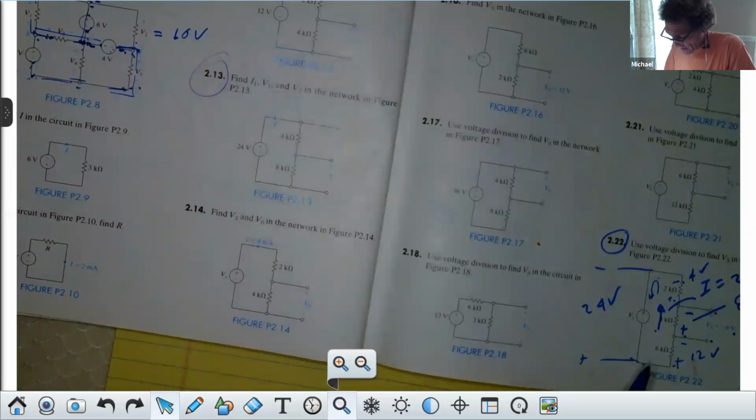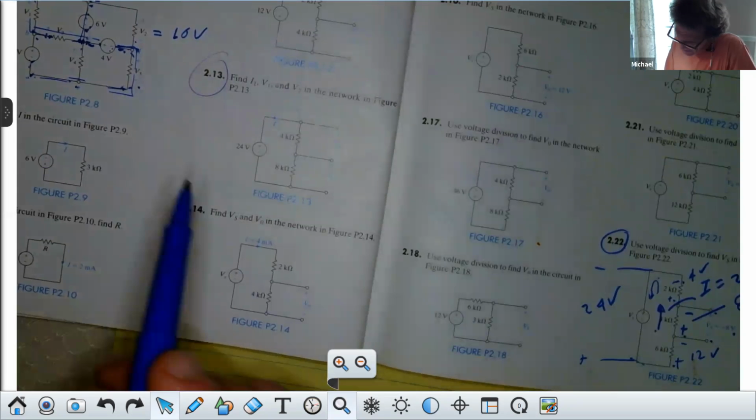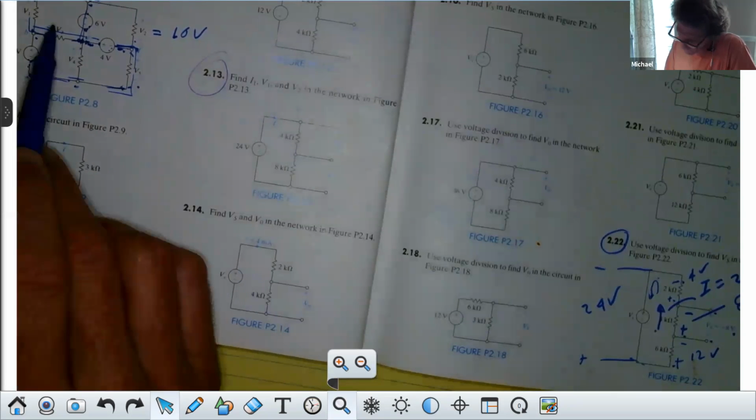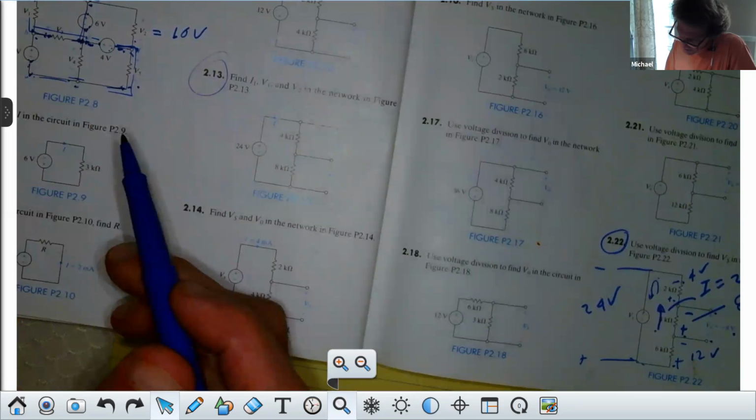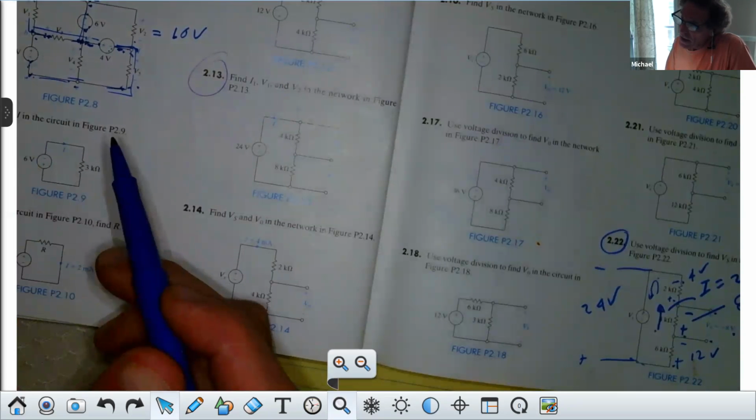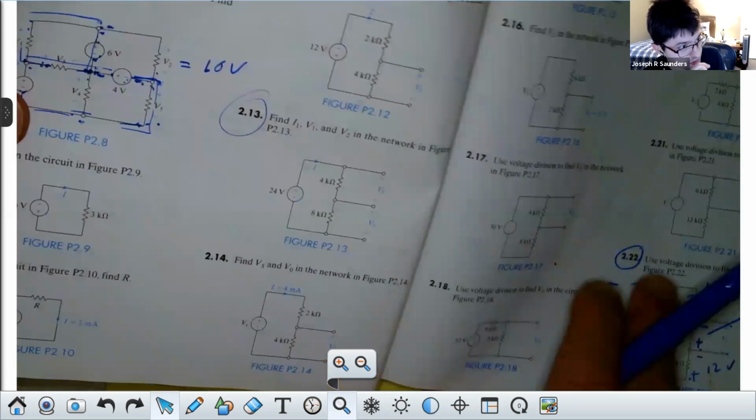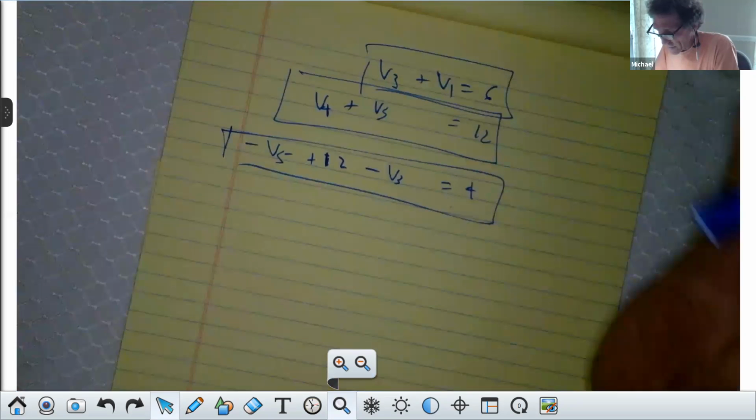Now remember, we've got V2 solved. It's 10 volts, correct, class? So that means I have 1, 2, 3, 4 unknowns, correct? I need 4 equations that are unique. I've got 3 of the 4.